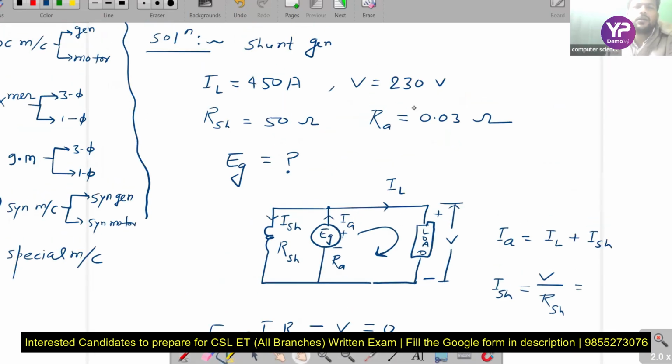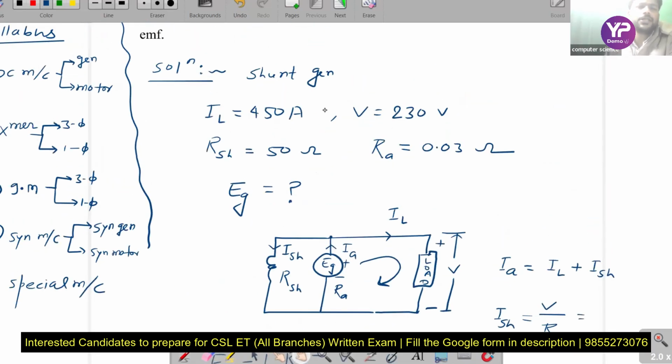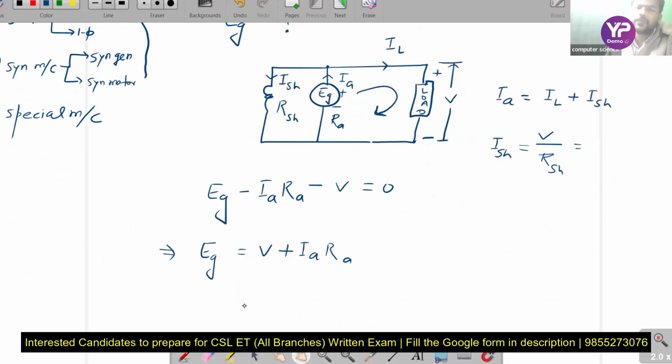Here V is 230 and RSH is 50, so 230 divided by 50 gives the shunt field current, 4.6 ampere.